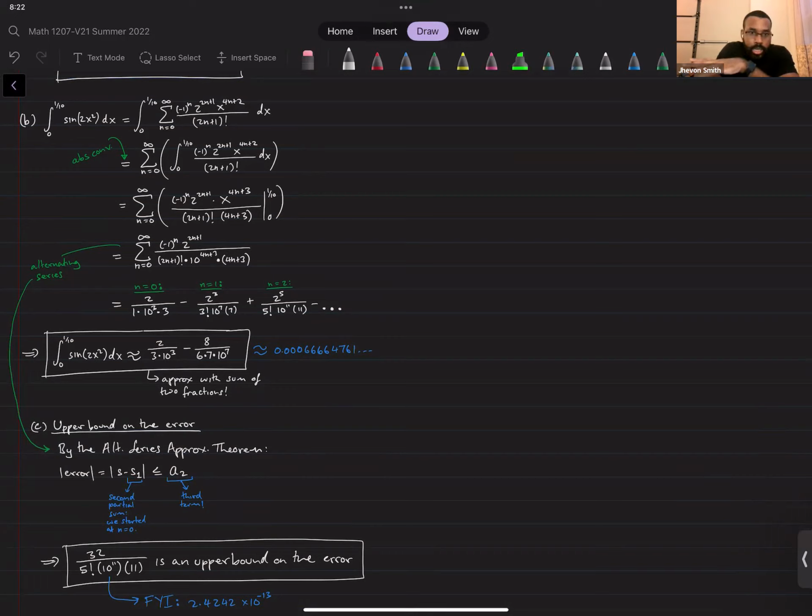So the actual answer is going to be slightly bigger than our approximation, but only starting from the 13th decimal place. If your calculator has 10 digits, it's not going to know the difference. So it's pretty cool, I'd say. Any questions on this problem?